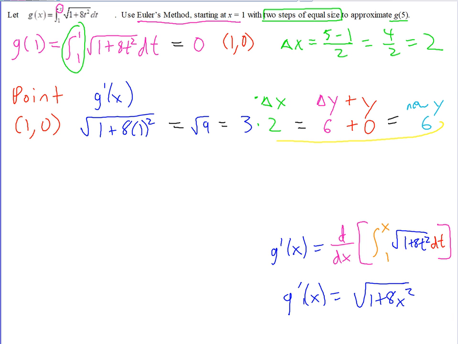We take that new y coordinate and change the x coordinate by the step size, so now it's going to be 3, and the new y coordinate is 6, which we just found. Now if we substitute into that, we get 1 plus 8 times our x coordinate, which is 3, so 3 squared.